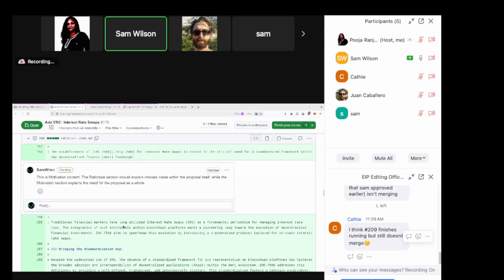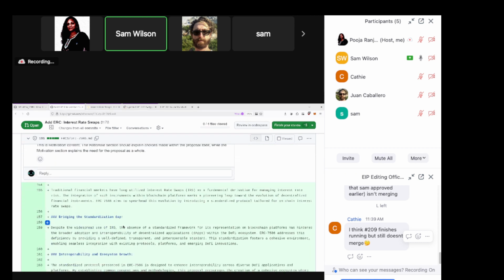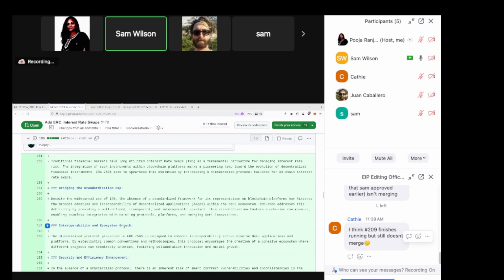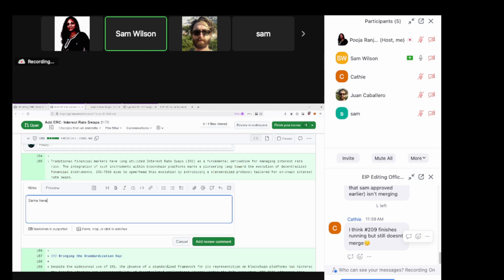Traditional financial markets have long utilized interest rate swaps as a fundamental derivative for managing interest rate risk. The integration of such instruments within blockchain platforms marks... so this is also the same here.